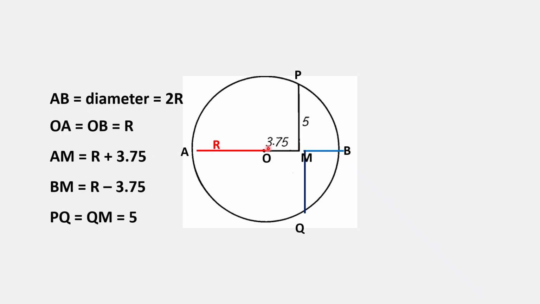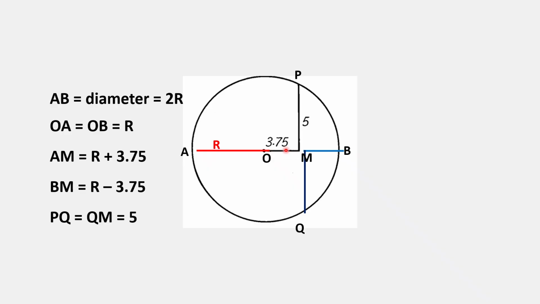B to M is the full radius OB minus this part 3.75. So from B to M, it will be radius minus 3.75, the blue line, and from A to M, the red line, it is radius plus 3.75.